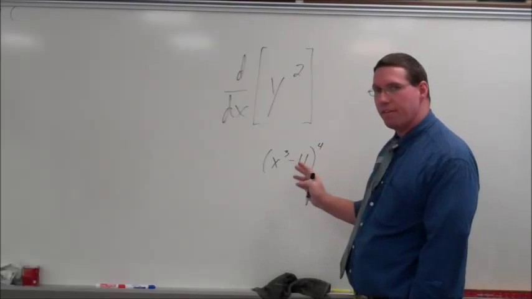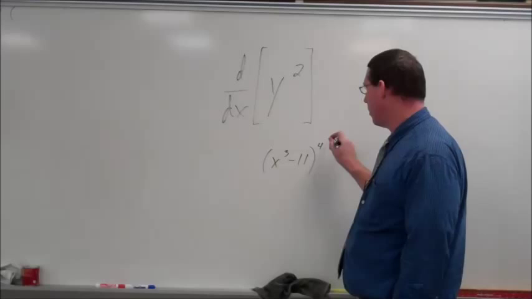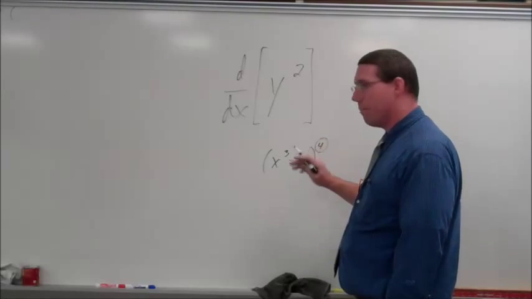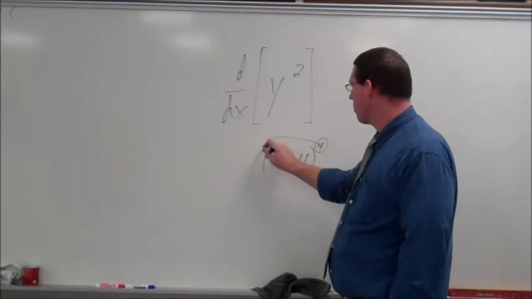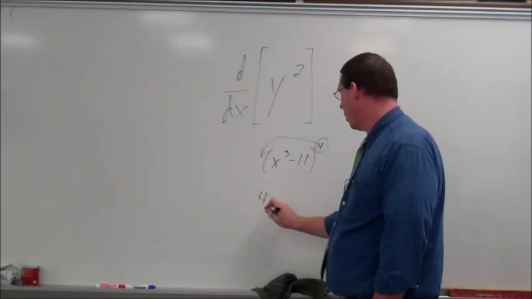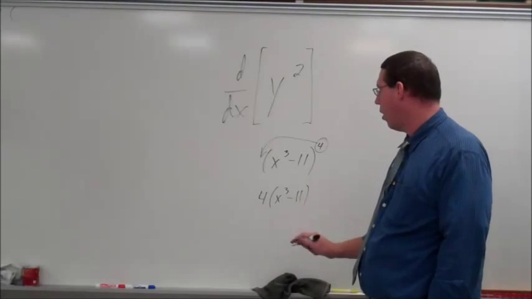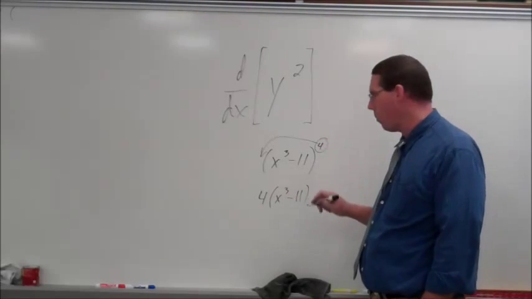I'm going to do the derivative of the outside first. I'm going to ignore what's on the inside, take my 4, and apply the power rule. The 4 goes in front, then the inside doesn't change at all, and we reduce the power by 1, so it's 3.